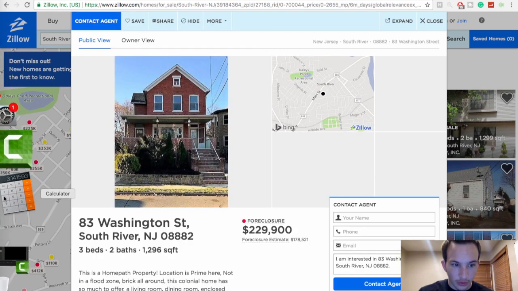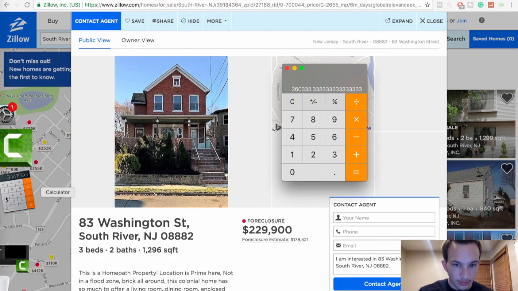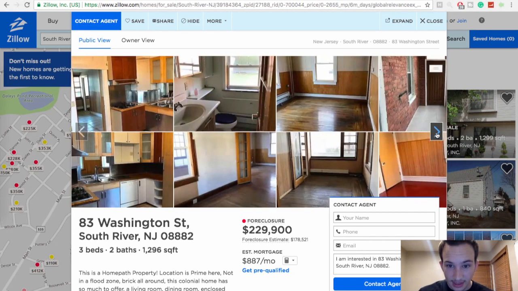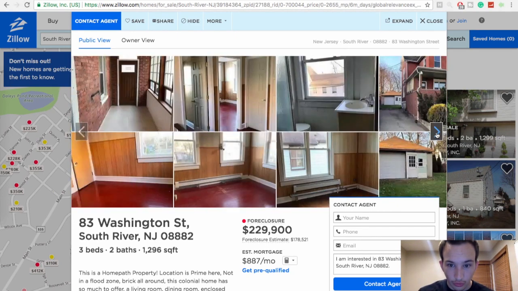So let's just take off 20,000 for the smaller square footage, and we're at 240.